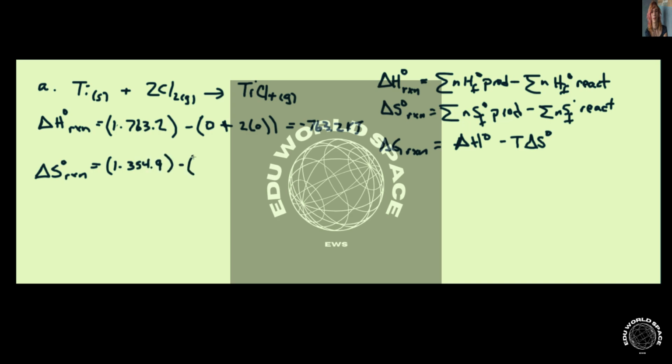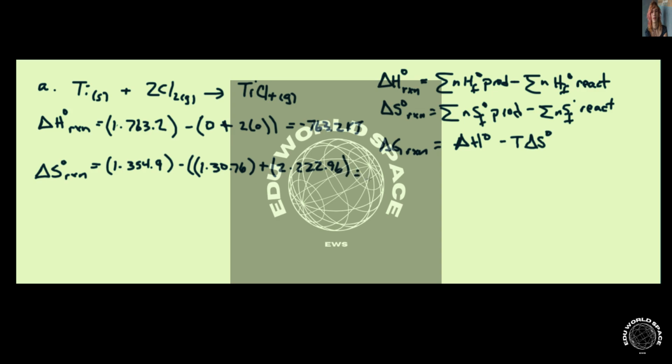And now for our reactants, we have 1 mole of titanium at 30.76. And then the sigma means sum of, so we're going to add the 2 moles of chlorine, which is 222.96.